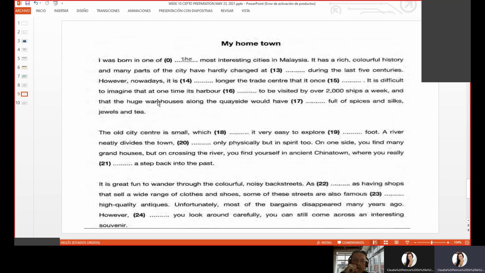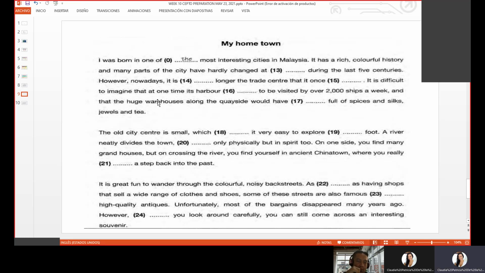It's like saying el centro de la vieja ciudad era pequeña, lo cual lo hace fácil de explorar. No, makes. But we can also use some verbs.